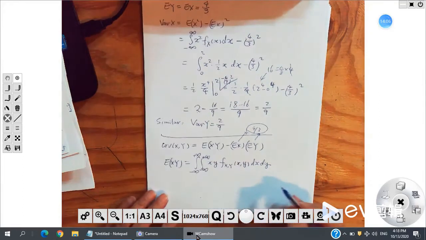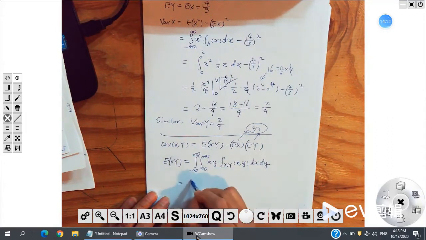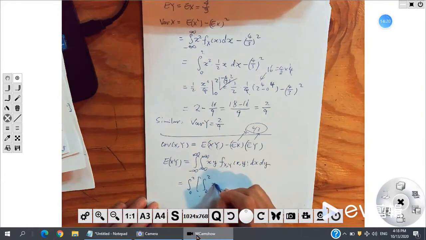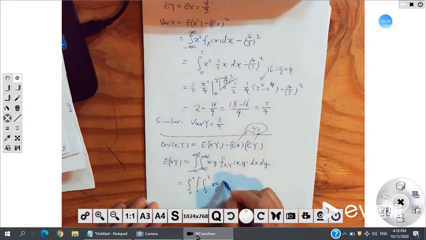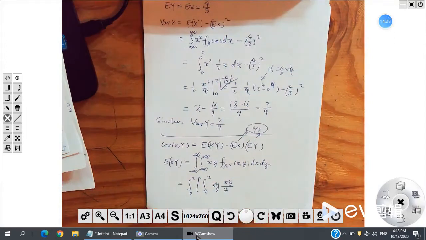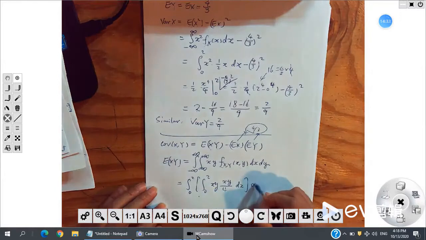Then when you calculate, you only need those non-zero values of this density function. So the integral will run from 0 to 2, 0 to 2. Then x is x, y is y. And the density is xy times k, which is 1/4. Then dx dy.